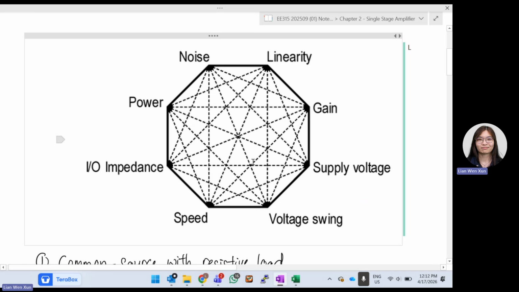Impedance, power, noise, linearity, gain, supply voltage, voltage swing, speed. All those are connected to each other. If you want low noise, probably you will need to trade off your speed. So there's no ideal case, but we can only tune to whichever that we want. Let's say our sweet spot is we want to make sure that the supply voltage is very low. So we can only tune until the rest maybe not that good, but supply voltage is good.